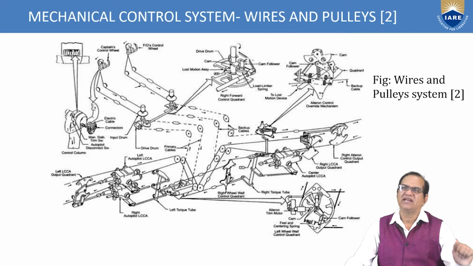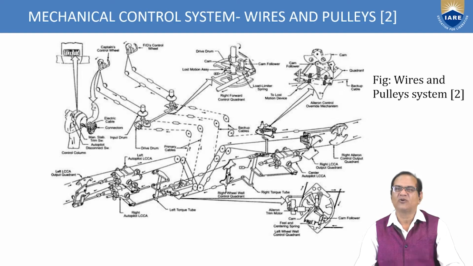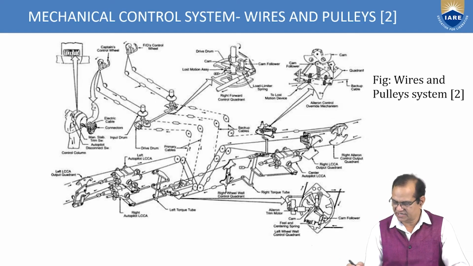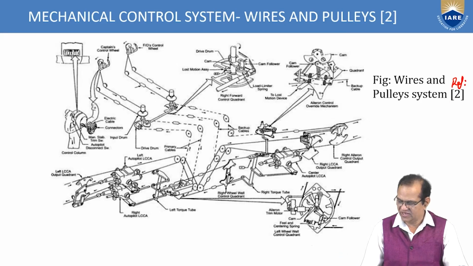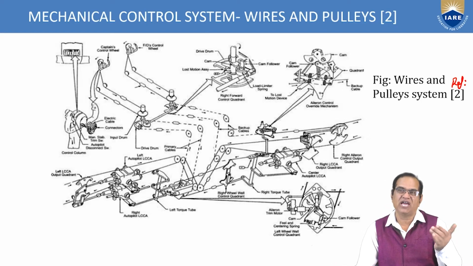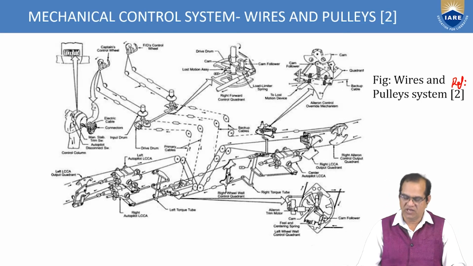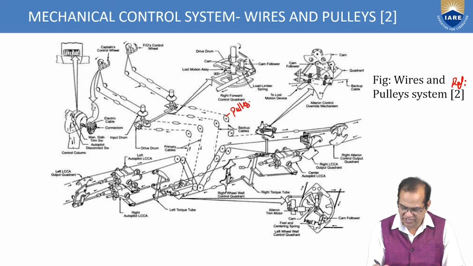Another very simple type of mechanical control system is the wires and pulley system. This is reference 2 I have taken, the figure of wires and pulleys. In this, in place of the rods which I showed you previously, we have the pulleys. You can see these are the pulleys and these are the wires.